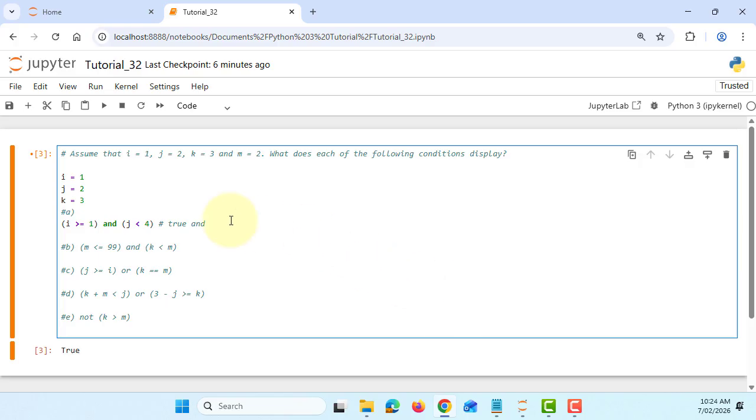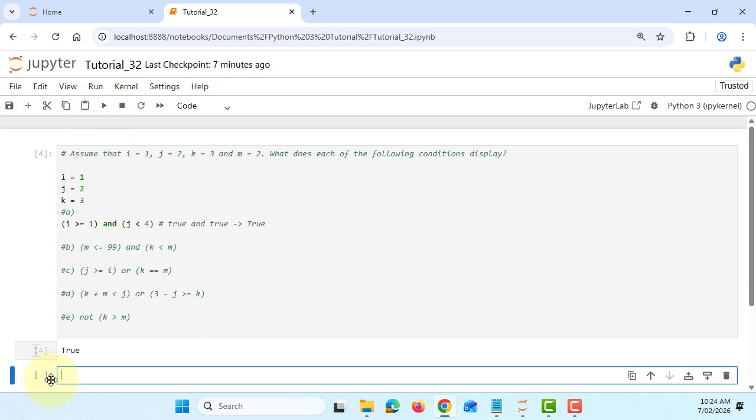And j is 2 less than 4, that is true. So it becomes true, okay? So you can try. Yeah, that's the true, okay?